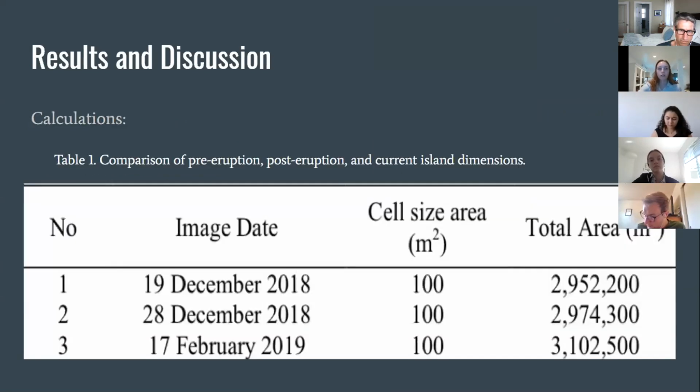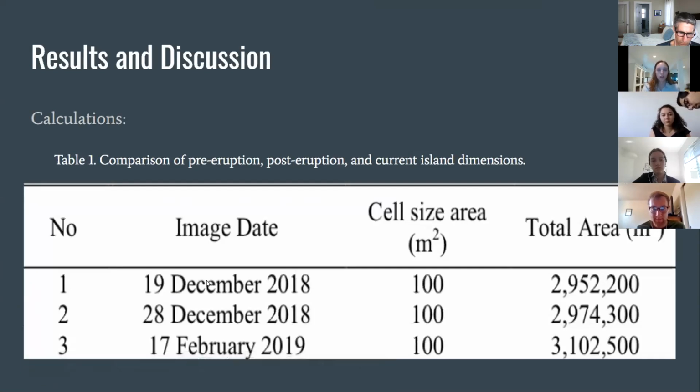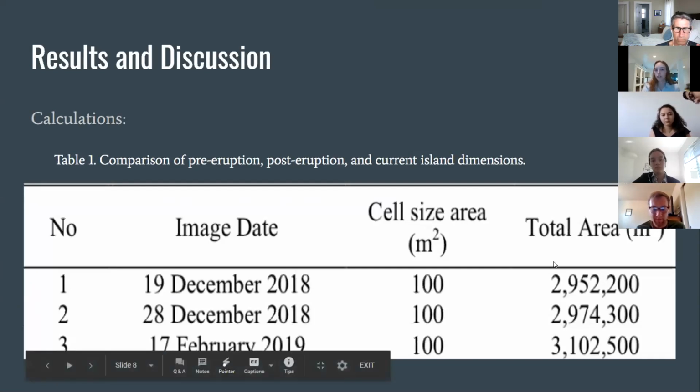And then for their calculations, this is a table showing the results for the pre-eruption, post-eruption, and current island area calculations. All you really need to focus on is the image date, which is the pre, post, and current, and then this total land area, which is what they calculated.